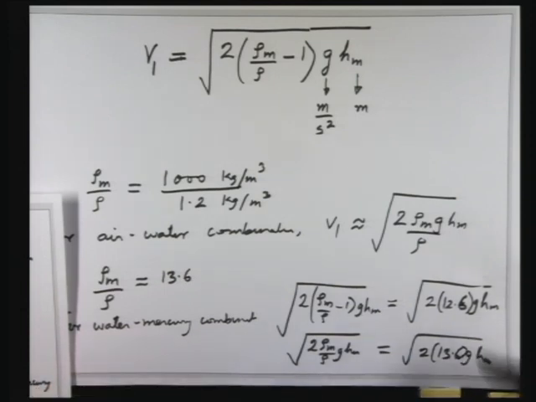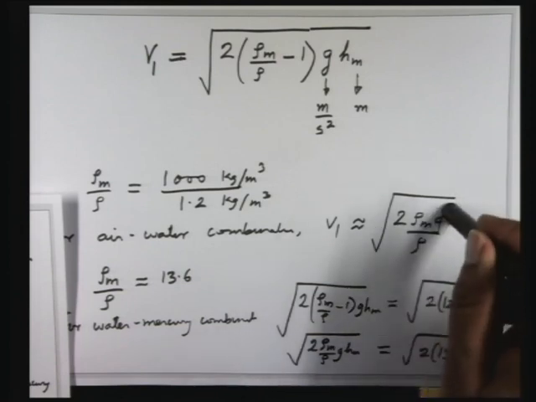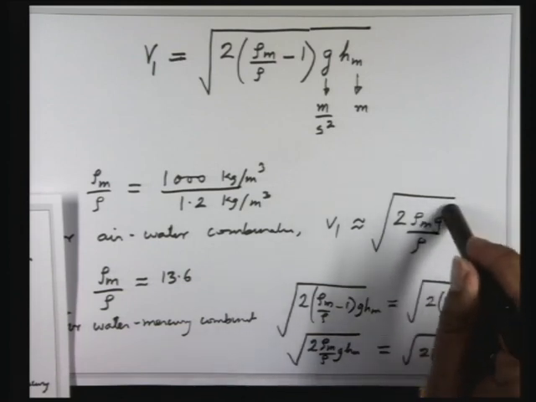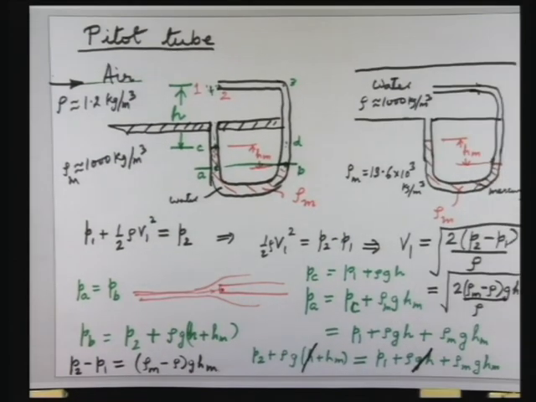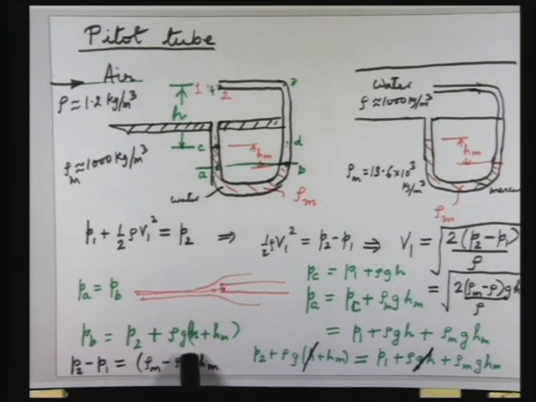Now the difference between 12.6 and 13.6 may give you 10% error. So do not use this approximation for such cases. Go back and look at the derivation here, and you see that the right hand side involves the difference of densities of the manometer fluid and the fluid whose pressure you want to measure at some point in that fluid.